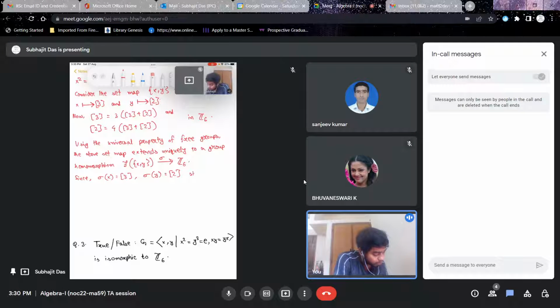So since these two satisfy the same relations as that of G, as we checked, hence sigma factors through the projection, just as we have done in the problem. So sigma factors through the quotient map. It's better to write quotient map.